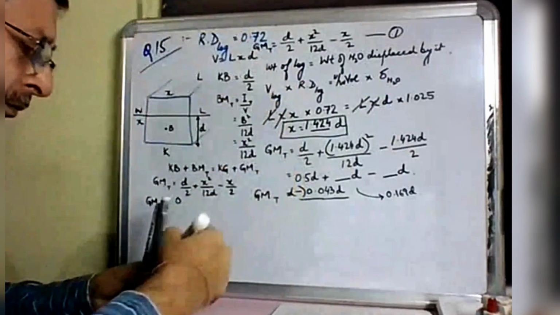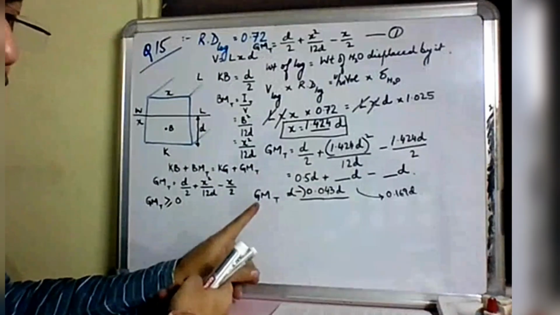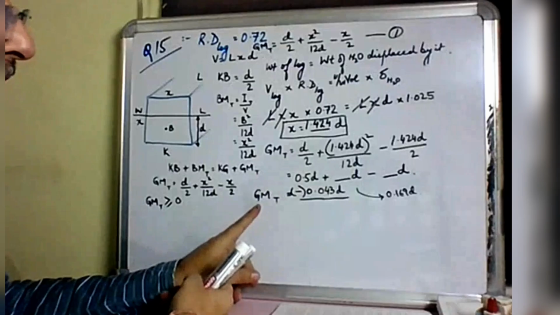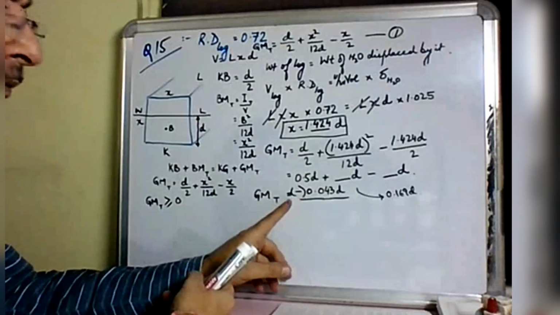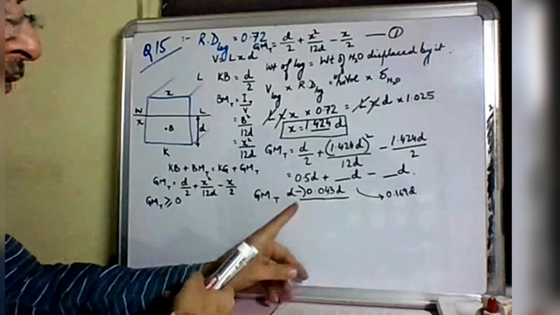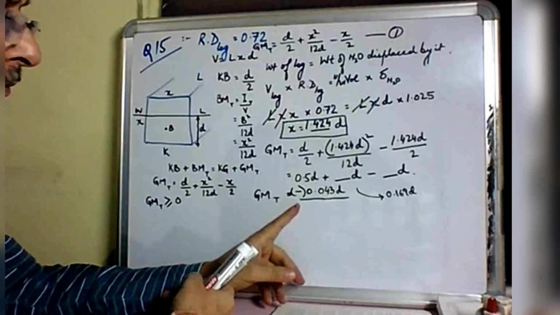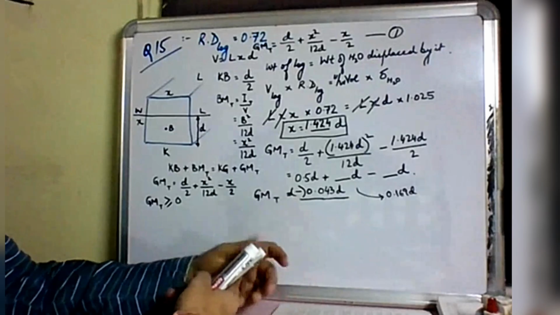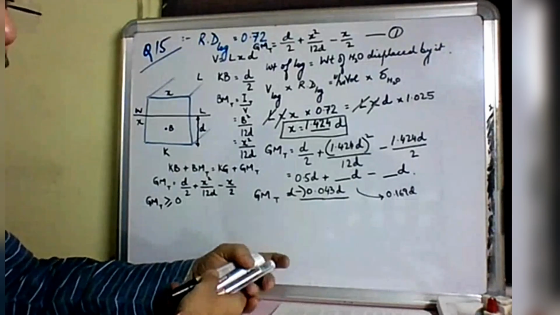Now you write down: since GM is negative, the log is in unstable equilibrium.